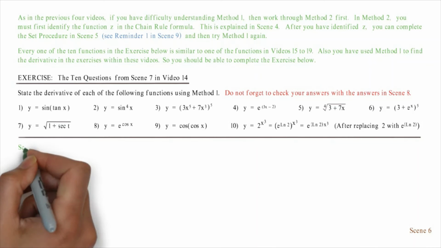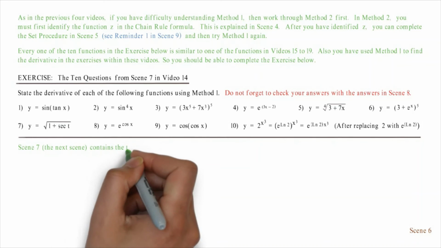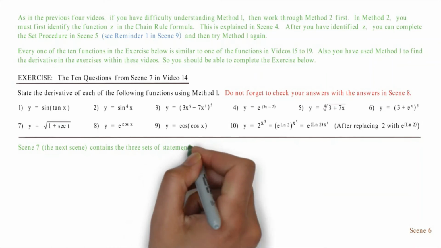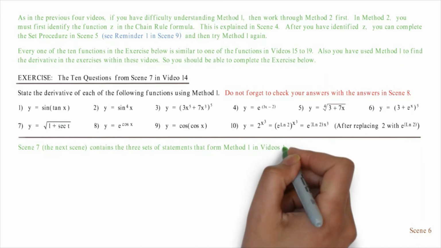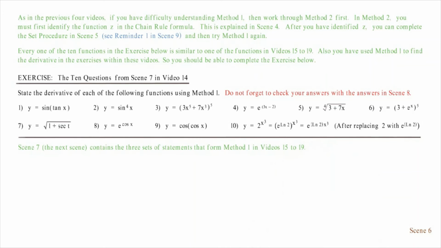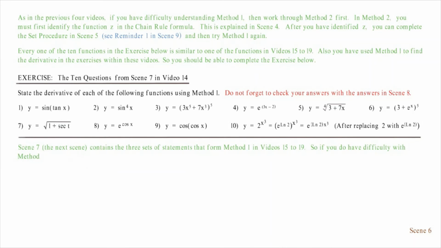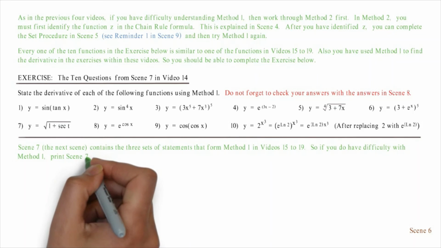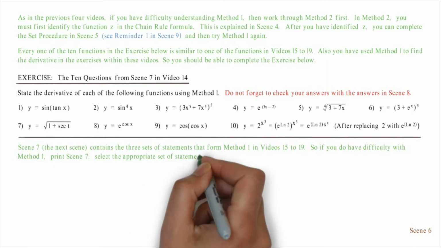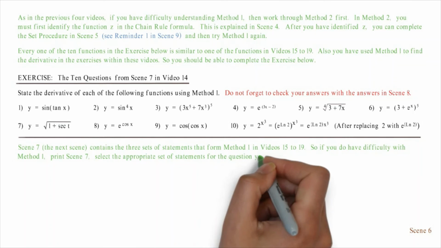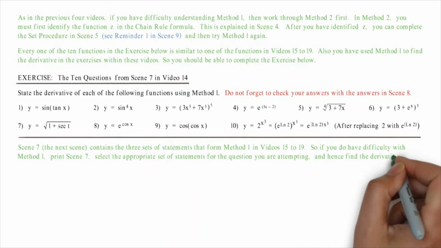Scene 7, the next scene, contains the three sets of statements that form Method 1 in videos 15 to 19. So if you do have difficulty with Method 1, print Scene 7. Select the appropriate set of statements for the question you are attempting and hence find the derivative.